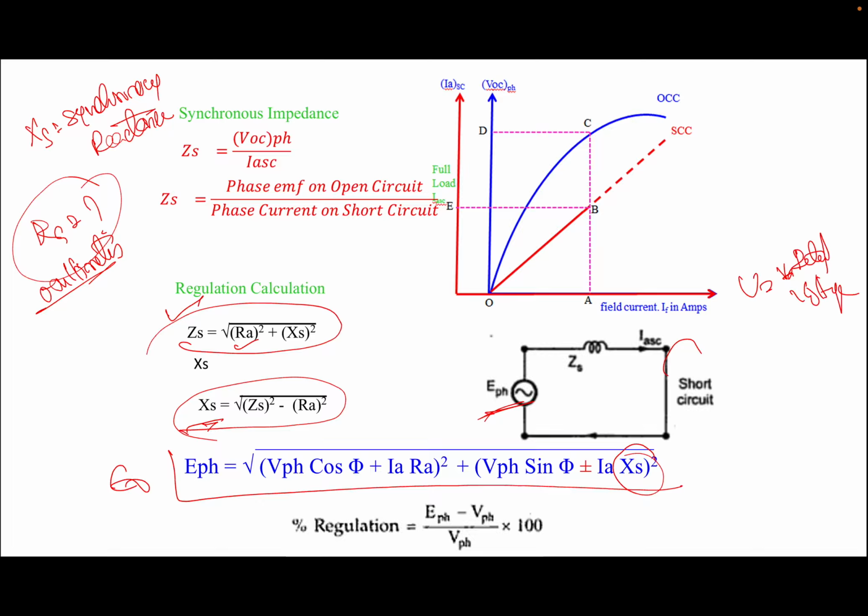In any question they will specify 230 volts or 415 volts. That's a rated voltage, which is indirectly the terminal voltage. Terminal voltage is already given in the question. But from terminal voltage I need to find out the no load voltage. Is that clear or not?